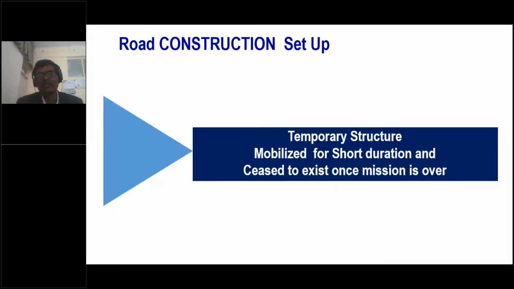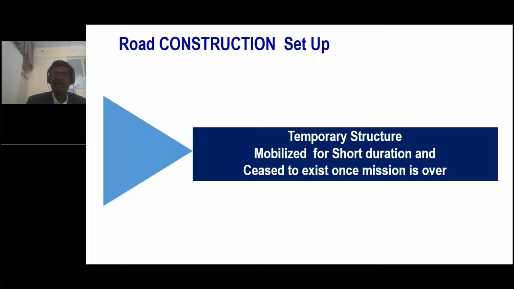In this production process, we start with zero inventory and we end with zero inventory. Today there is nothing. We mobilize everything, the money, material, machinery, and after 3 years you find nothing, including men. Nobody will be there. So it's a temporary structure mobilized for a short duration, and once the mission is over, it ceases to exist. This is an important aspect of civil engineering road construction.